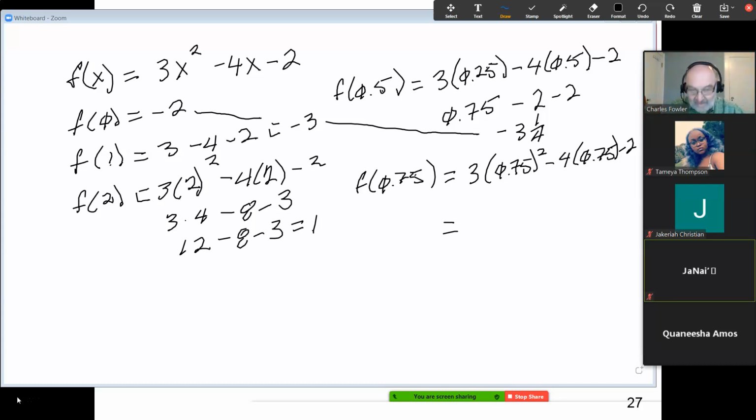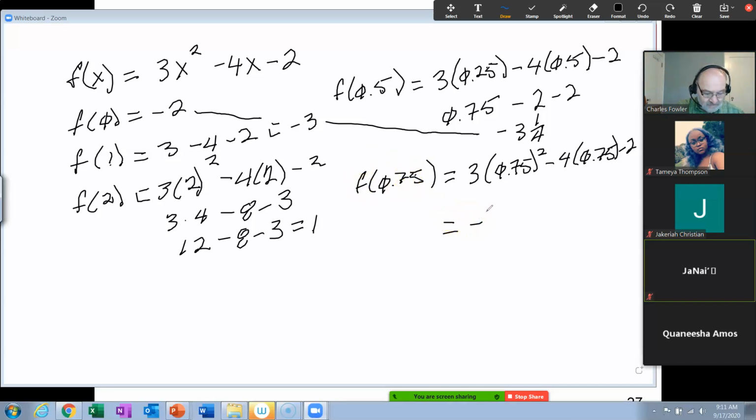Okay, so let me get my Wacom back in my lap and write that down. This is negative 3.3125. Okay, this, remember, was negative 3.25.